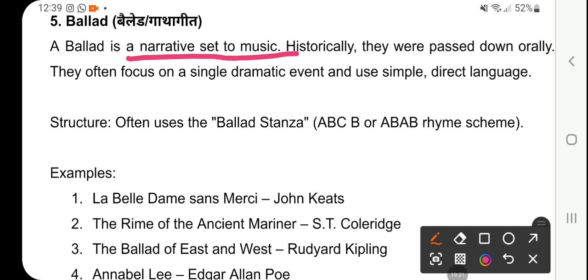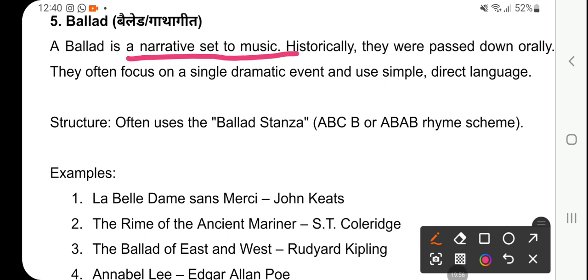This way we got to know about different incidents through songs. That is narrative set to music. Historically, they were passed down orally, so it is a narrative. Usually it is learned by seniors, then passed to juniors.